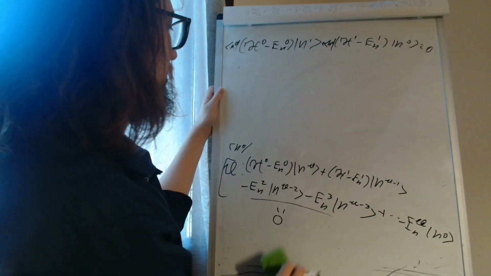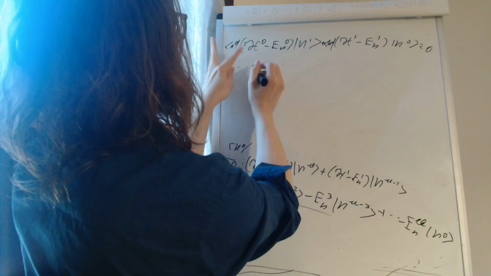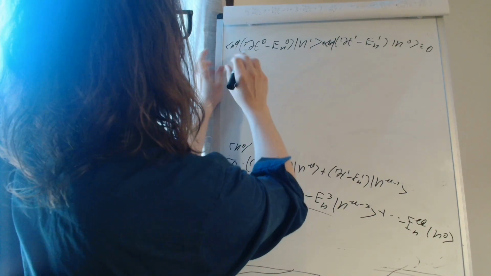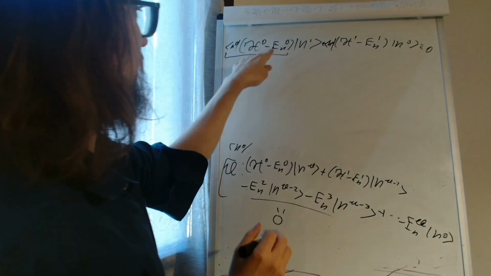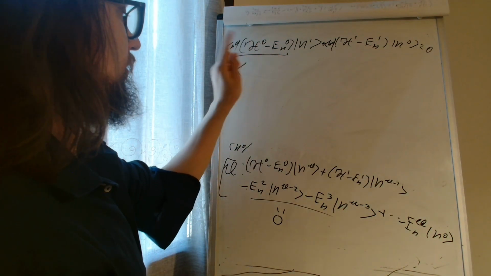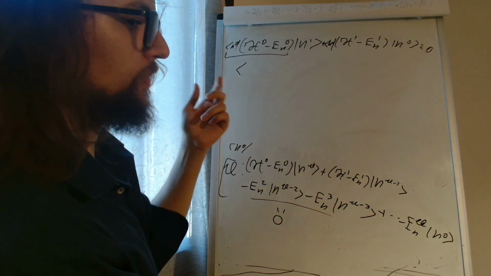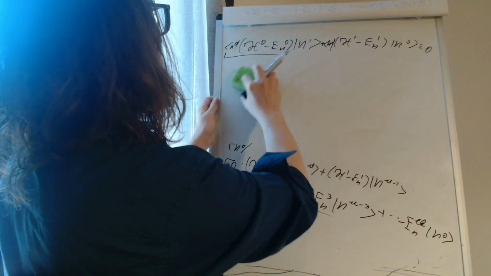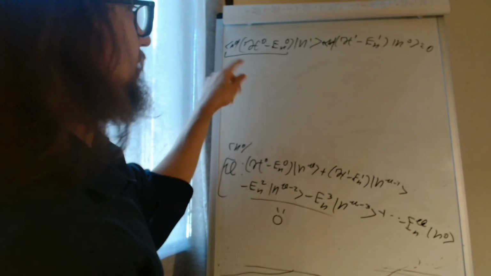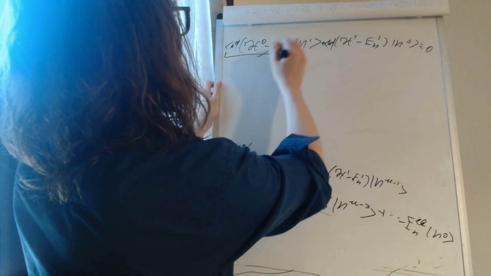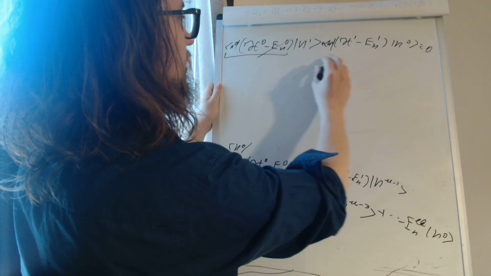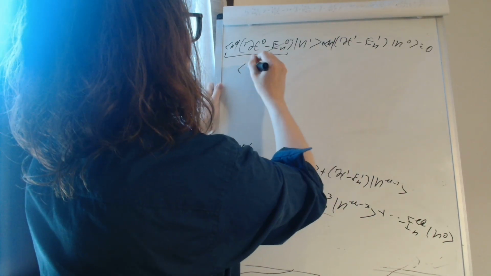Now this becomes n0 times (h0 minus e n0). This was the equation for the unperturbed Hamiltonian, and it was equal to 0. So all this term is equal to 0, and we are left only with this term.